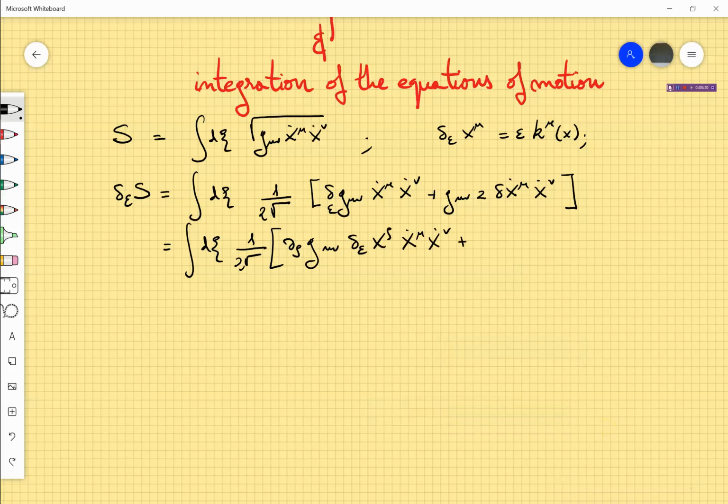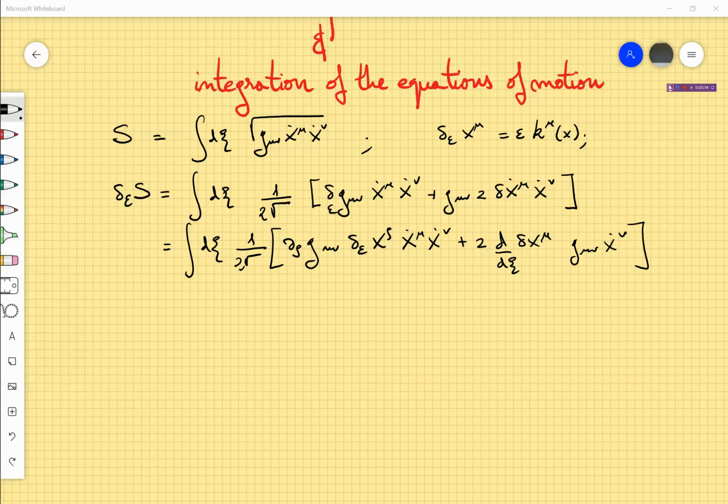We know that this gives 2 times the derivative with respect to psi of delta x mu, and then we have g mu nu x dot nu. And as usual, we are going to, but in this case, we are not going to integrate by parts or anything. This is what we usually do to find the equations of motion.